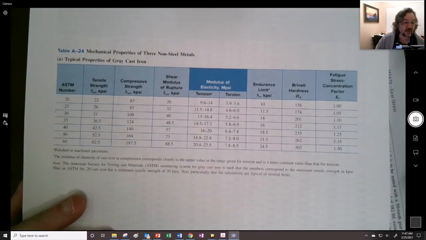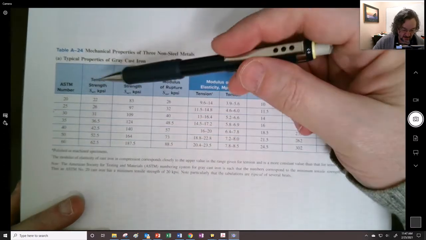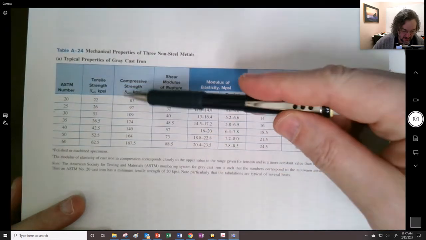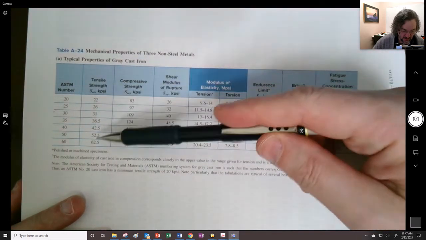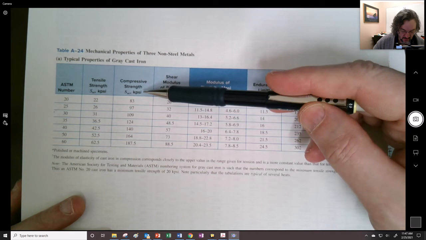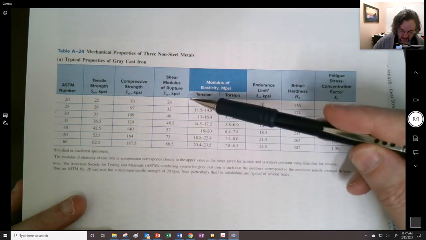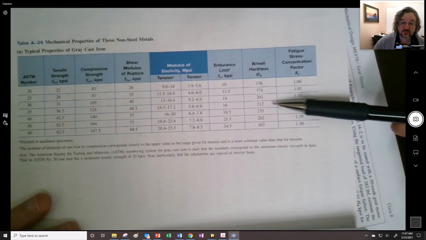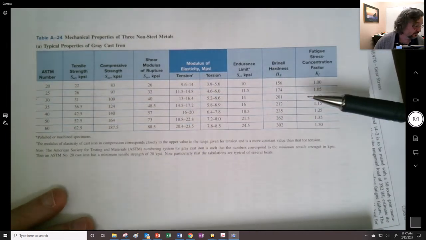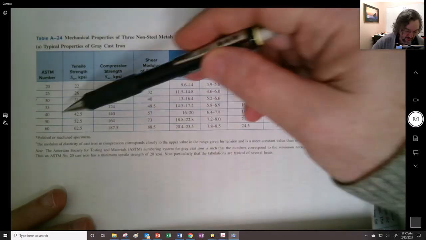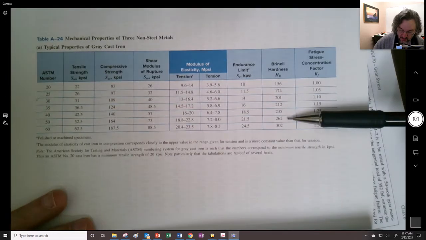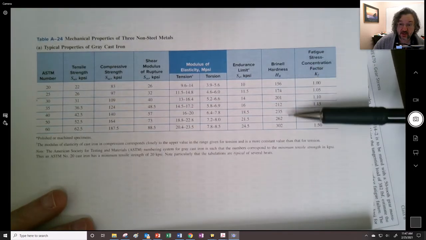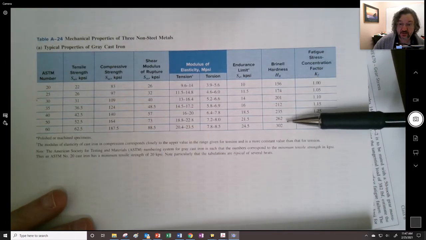So when they tell you a cast iron number right here, here's where you're going to get the tensile strength, the ultimate strength in tension, and the ultimate strength in compression. You can also get Brinell hardness, so this is probably what we're going to need right here. And which one did they say this was for? It's number 50. So we have 262 as the Brinell hardness number that they're going to give to us.